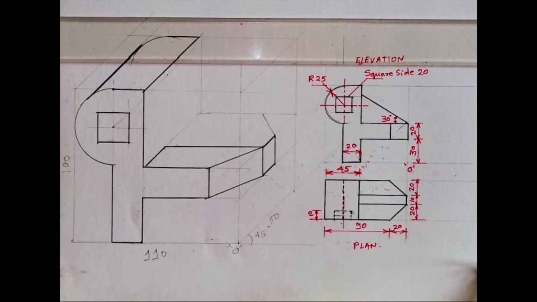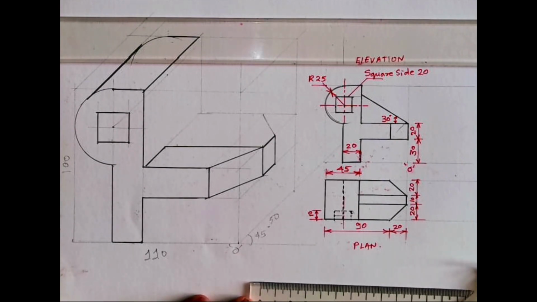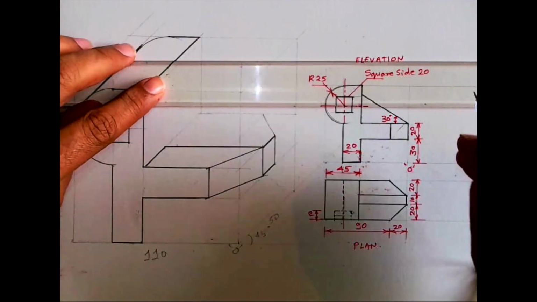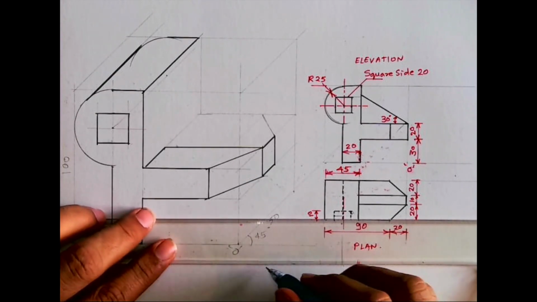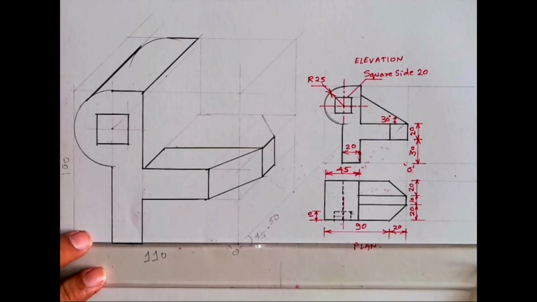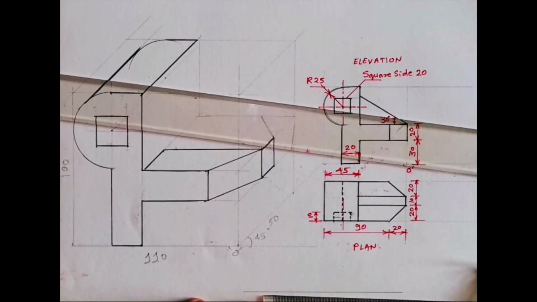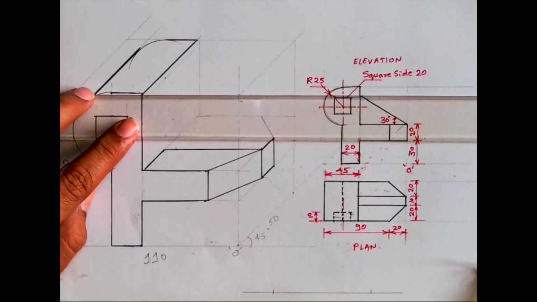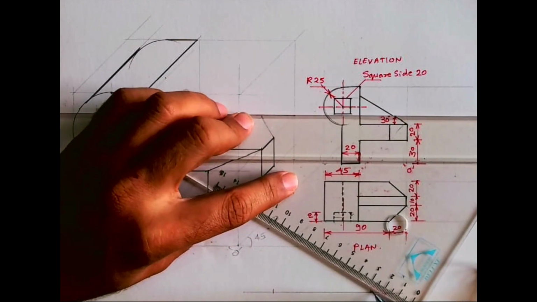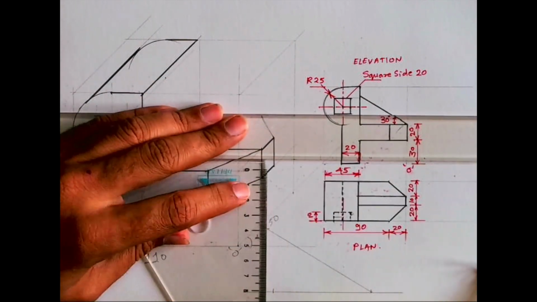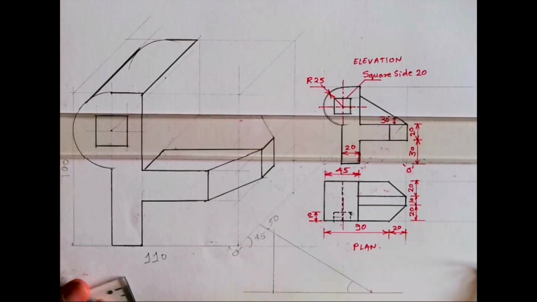So it is 110 minus 45, so 65. We'll draw a horizontal line of 65, we'll draw angle 30 degree and we'll find out the height like this. So whatever height we get, that we need to transfer.